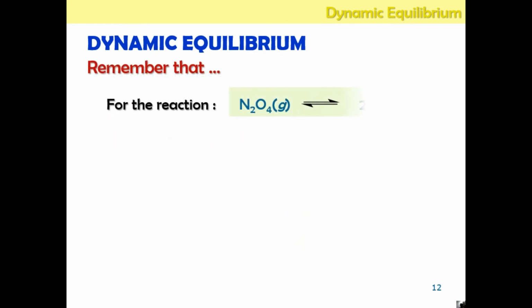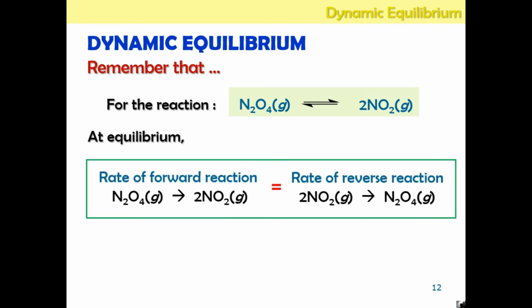Remember that for the reaction N2O4 producing 2NO2, at equilibrium, the rate of the forward reaction N2O4 to NO2 is equal to the rate of the reverse reaction.